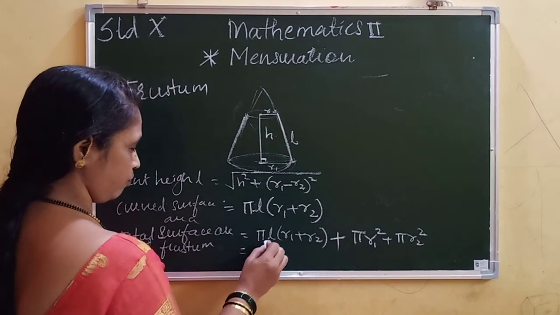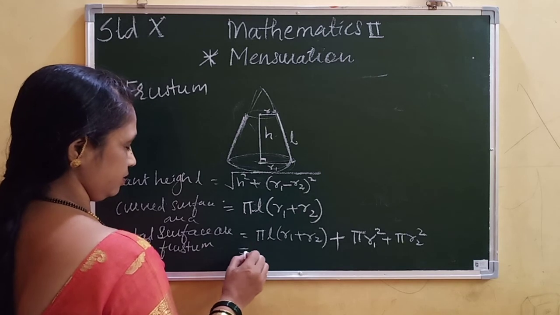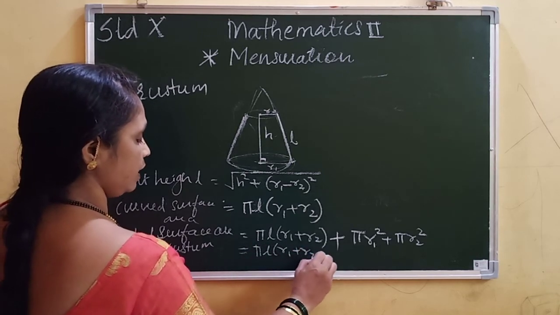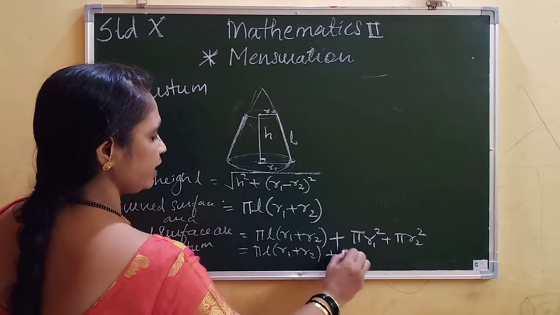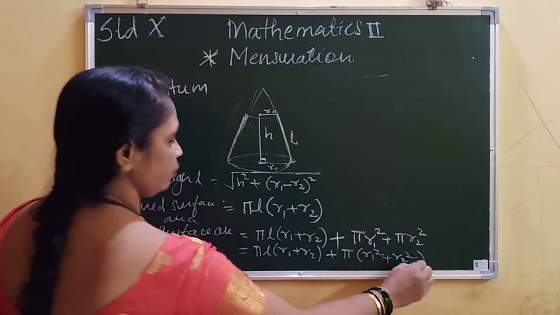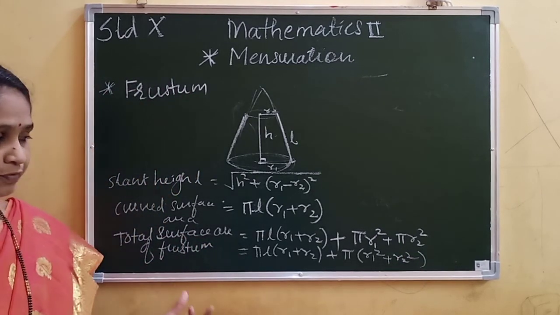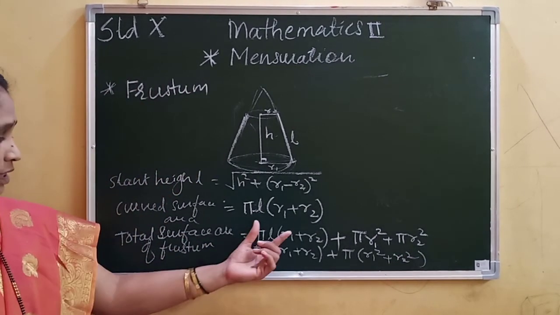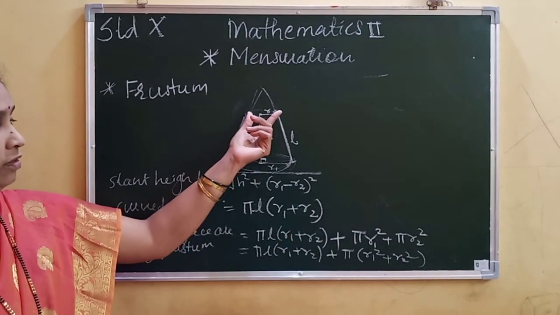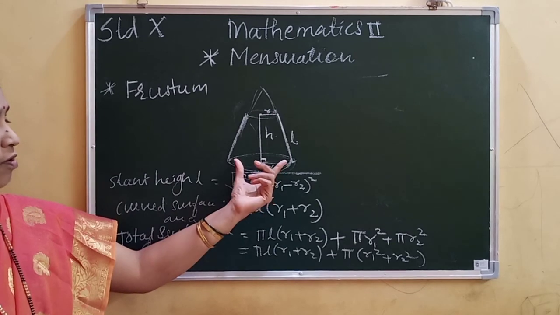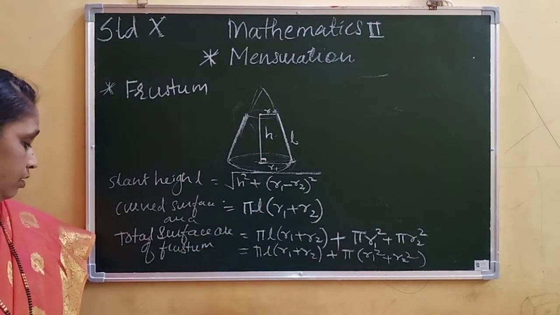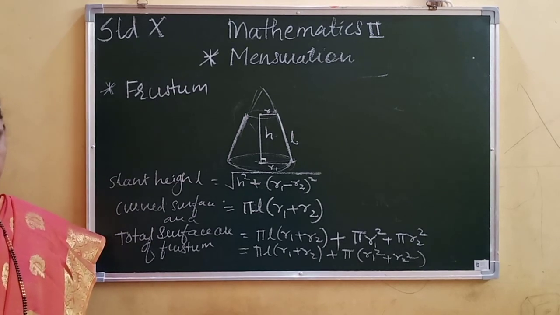The simplified form is pi L R1 plus R2 plus pi, taking common, R1 square plus R2 square. Like this we can write the total surface area of a frustum. It is the area of the curved part plus the area of the smaller circle plus the area of the bigger circle.